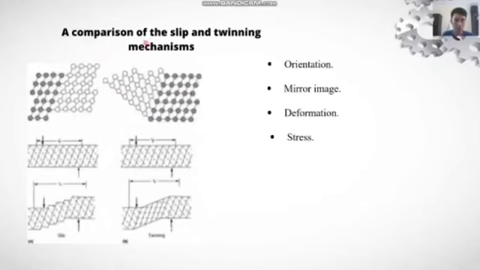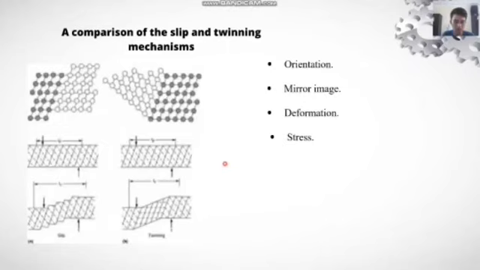A comparison of the slip and twinning mechanisms: orientation, mirror image, deformation, stress. 1. Orientation. In slip, the orientation above and below the slip plane is the same after slip, while in twinning there is an orientation change across the twin plane. 2.